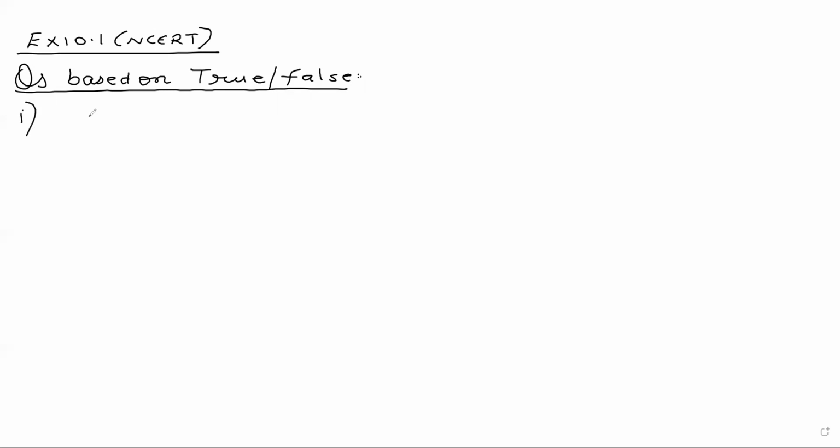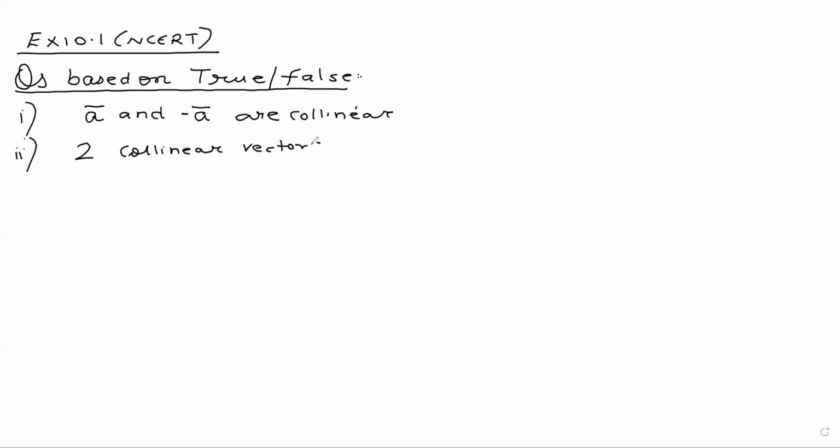Vector A and minus A are collinear. Second statement is two collinear vectors are always equal in magnitude. Okay, two collinear vectors are always equal in magnitude.